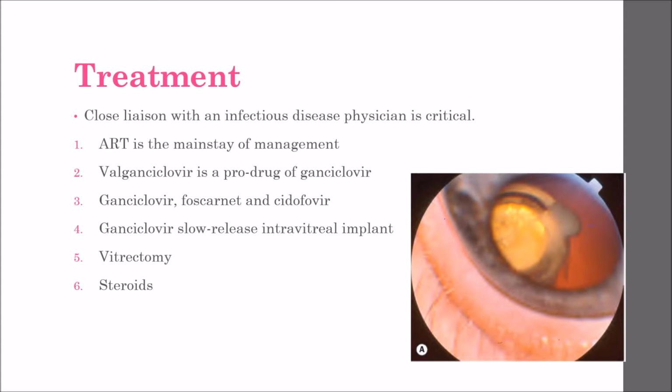Ganciclovir's slow-release intravitreal implant is now less commonly used, but still has utility in situations such as intolerance to systemic treatment. It is as effective as intravenous therapy, and the duration of efficacy is about 8 months.